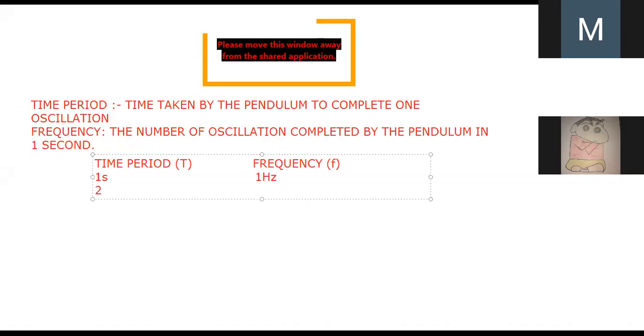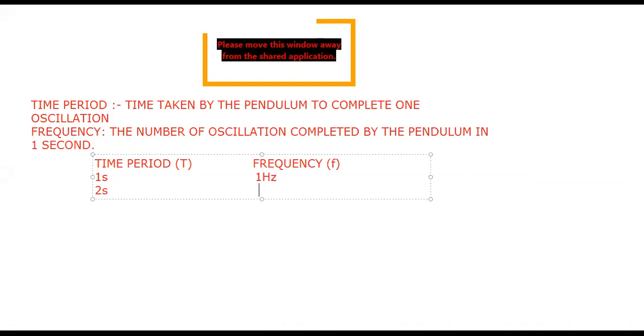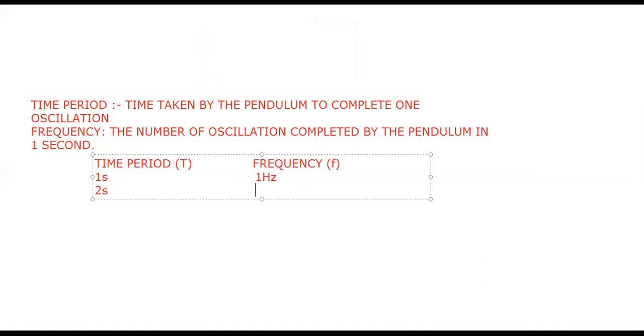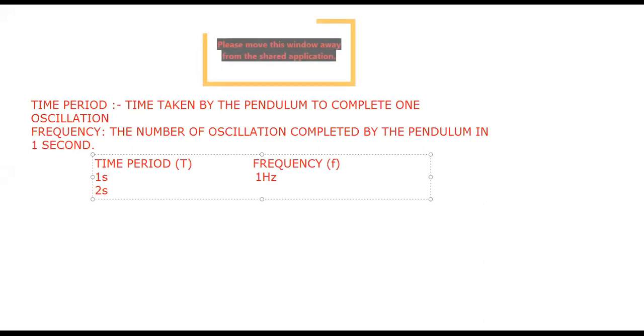Now, my question is, the time period is 2 seconds. Say how much is the frequency. Type your answer. Very good, Monish. Om, your answer is wrong. Tanushri, wrong. Ria, wrong. Nidhi, wrong.